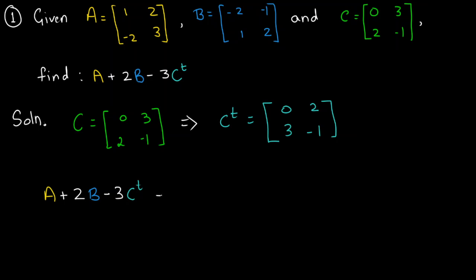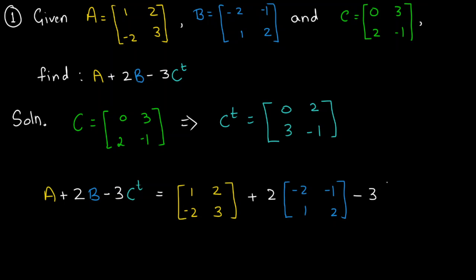So this would be equal to matrix A, which is [1, 2; -2, 3], plus 2 times matrix B, which is [-2, -1; 1, 2], minus 3 times C transpose.